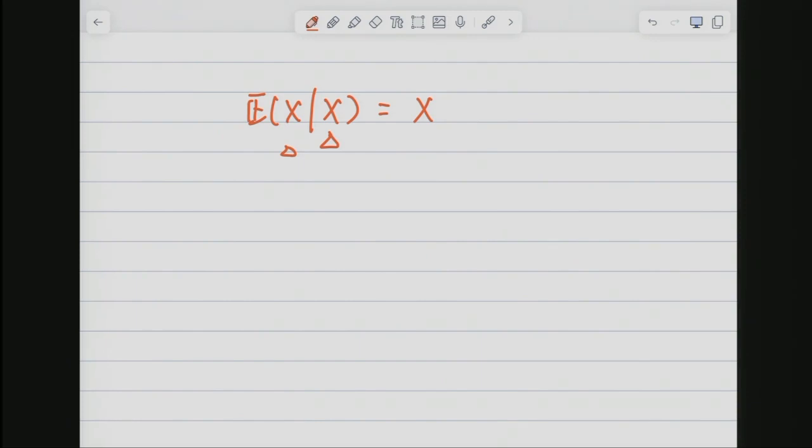Then what's the best functional form of x that best predicts x? It has to be itself, okay. So this is a correct statement. The conditional expectation of a random variable given itself is always equal to itself.